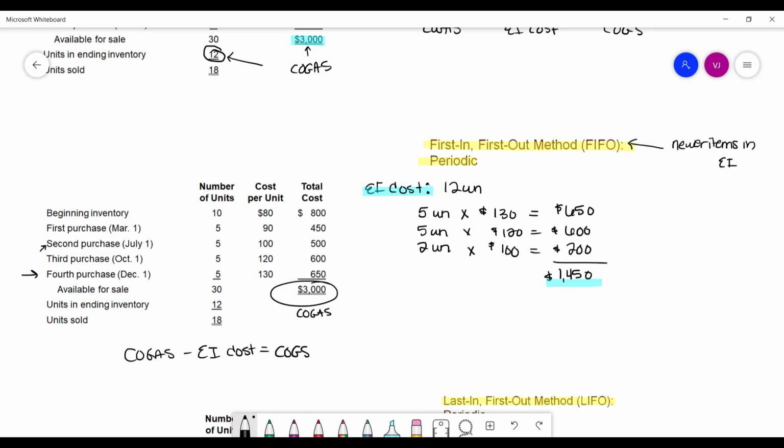So we're not done because we're trying to find cost of goods sold at the end of the day. We know our cost of goods available for sale is 3,000. Remember, we go with cost of goods available for sale minus your ending inventory cost of 1,450 equals our cost of goods sold, based on that basic foundational calculation from Chapter 6.